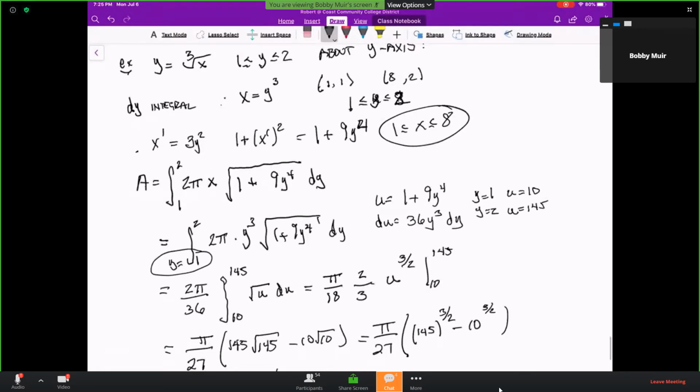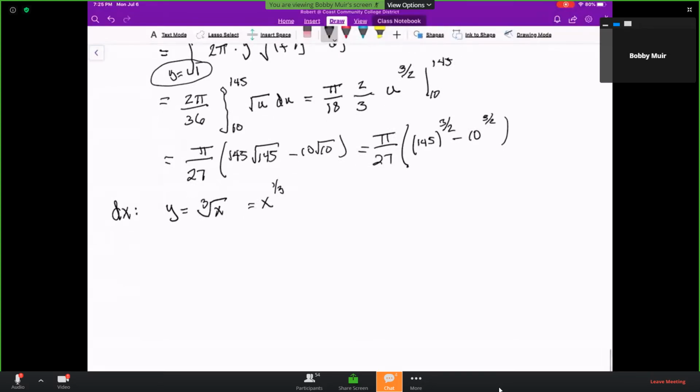So our area is going to be from 1 to 8, 2 pi x, and then the ds piece. And we want to do a dx integral. So it's going to be 1 to 8, 2 pi x, square root of 1 plus dy dx squared dx.